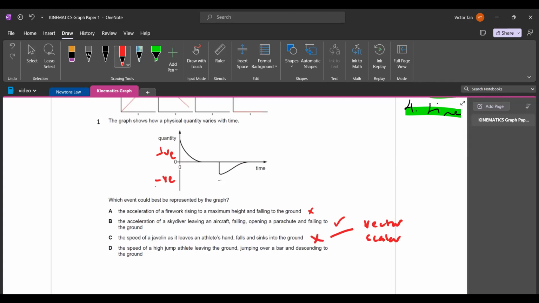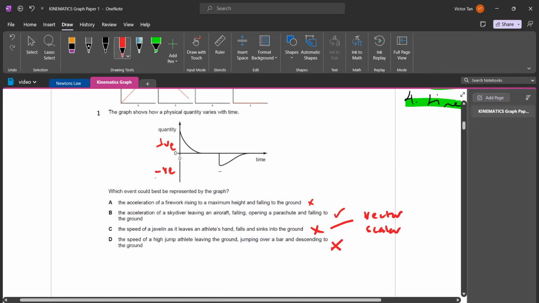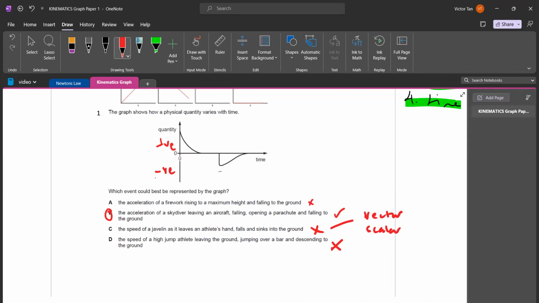Speed of a high jump athlete leaving the ground, jumping over a bar and descending to the ground. Again, speed, not possible. So the answer is B. Why? When a skydiver falls, the acceleration will decrease to zero as the air resistance increases and equals the weight.